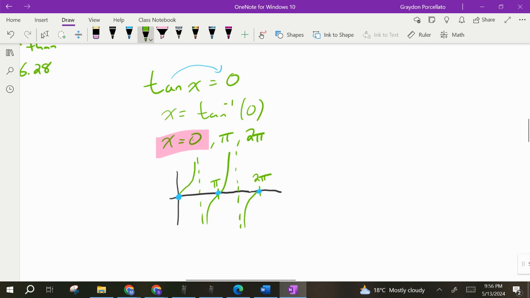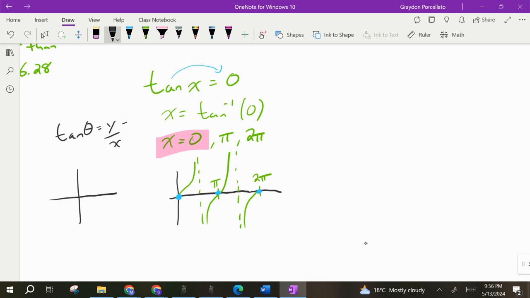You can also think of that as tan, right? We know that tan theta is equal to y over x. If you think of that on a Cartesian plane, what makes y over x 0?